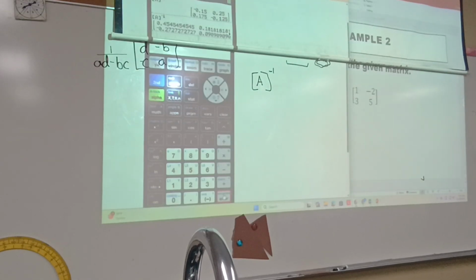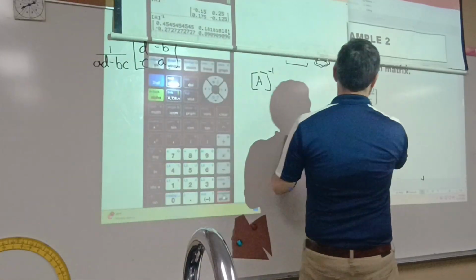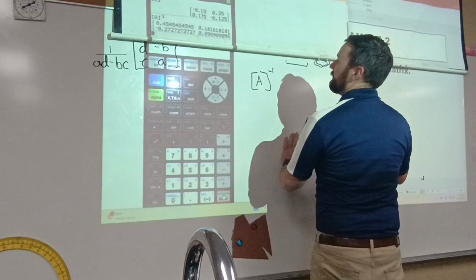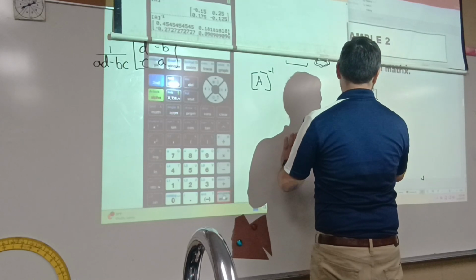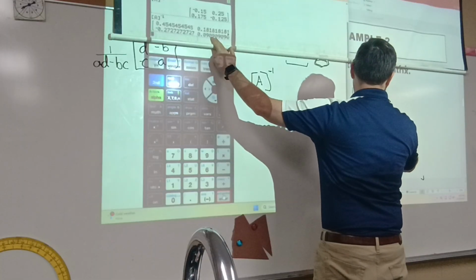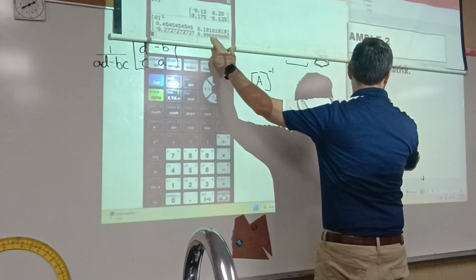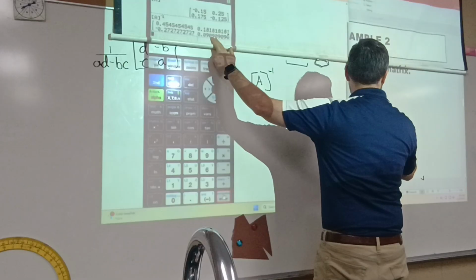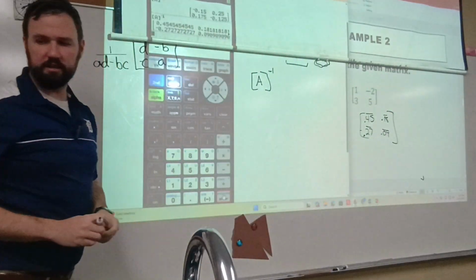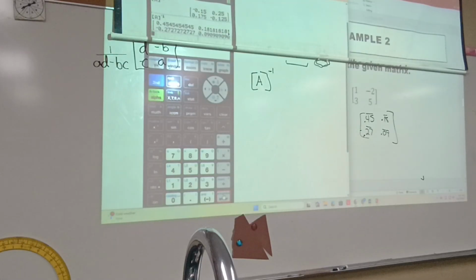I'm going to pause this. All right. So hopefully we're getting 0.45 repeating, negative 0.27 repeating. These are all repeating decimals, so I'm going to write it that way. 0.18 repeating and 0.09 repeating, right? Now, let's look at something wonky that happens.